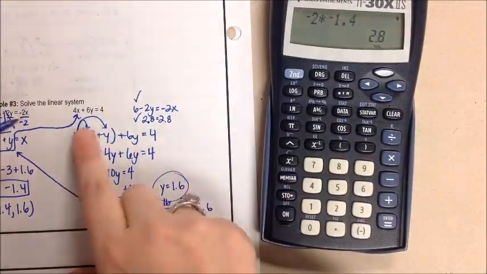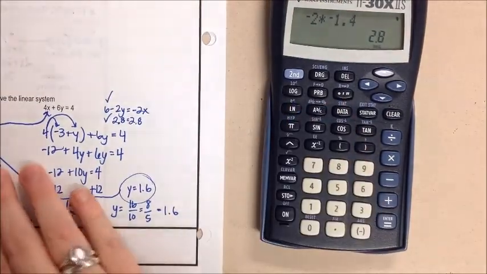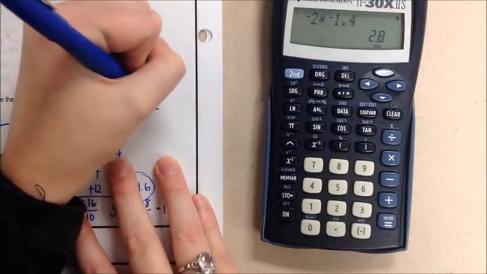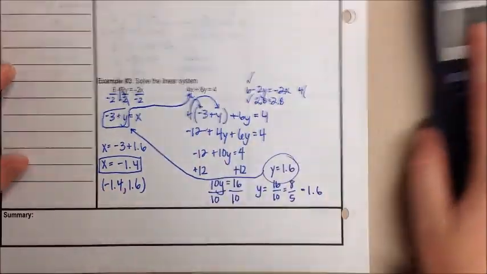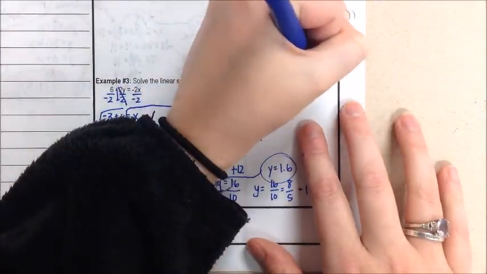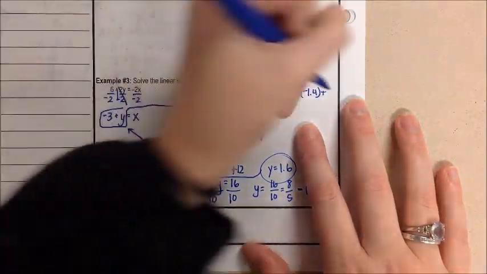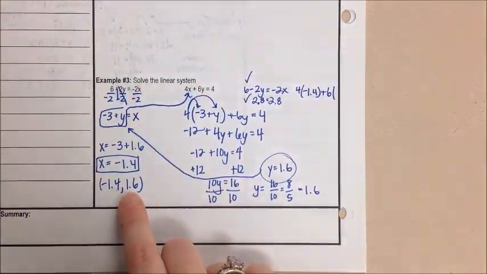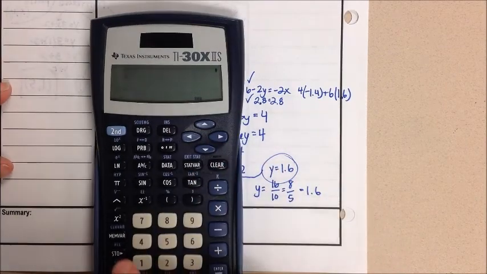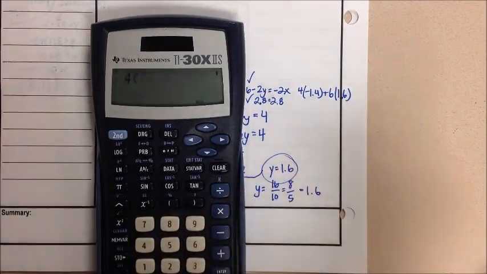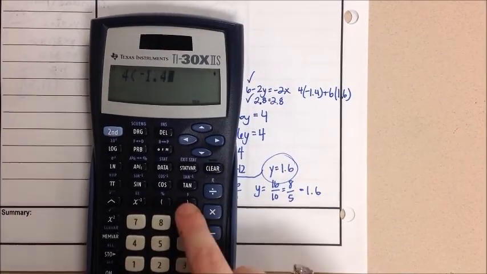So now I got to do the other one. I can just plug this in all at once this time. So I have 4 times negative 1.4 plus 6 times 1.6. I'm going to go off the notes a little bit. So if I plug, I'm going to just take that and plug it right in. 4 parentheses, it's going to look exactly like I wrote it.